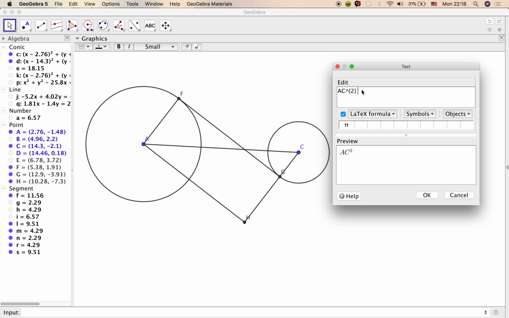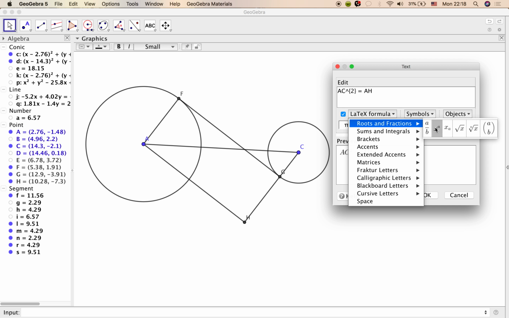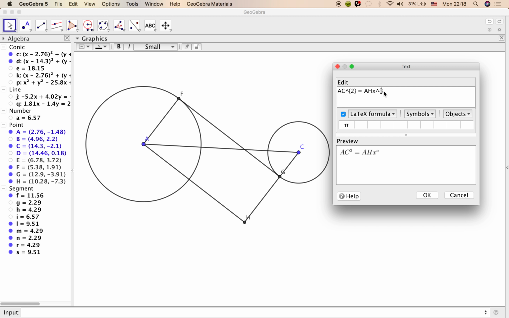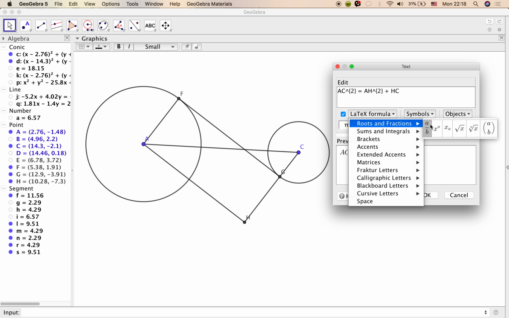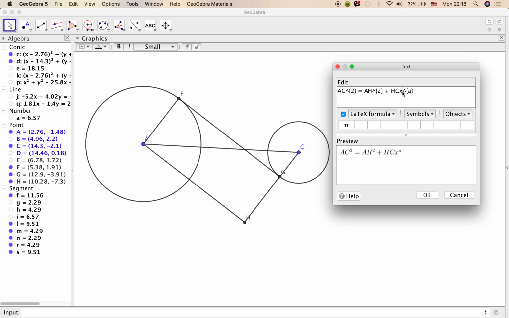So now we know AC squared is equal to AH squared plus HC squared. That's using the Pythagorean theorem.